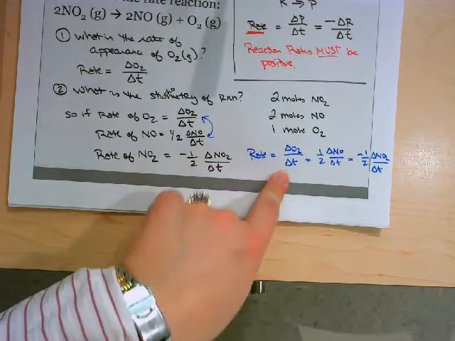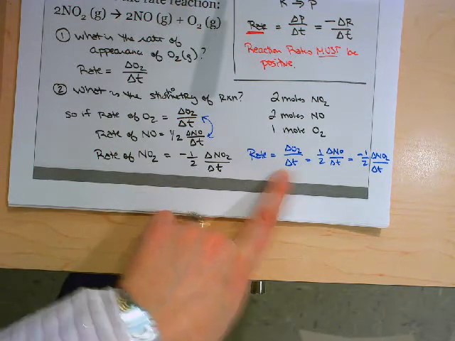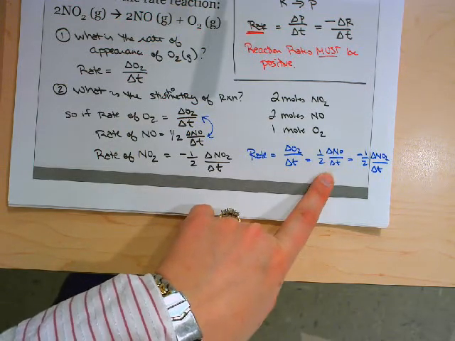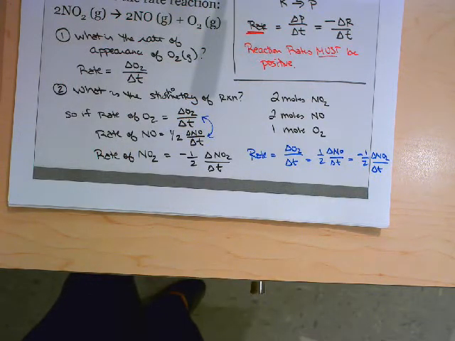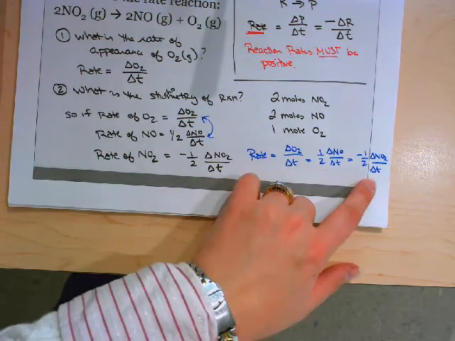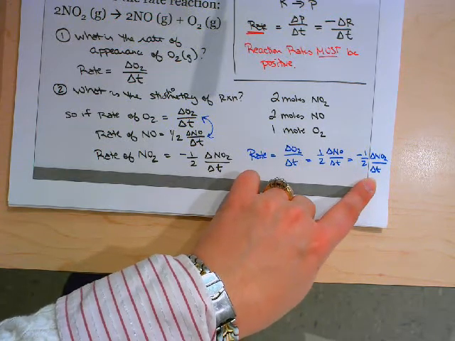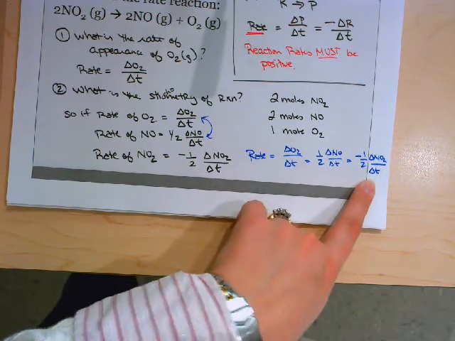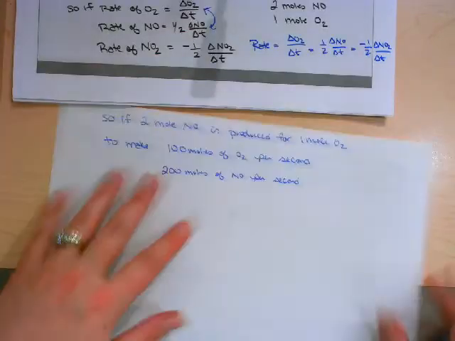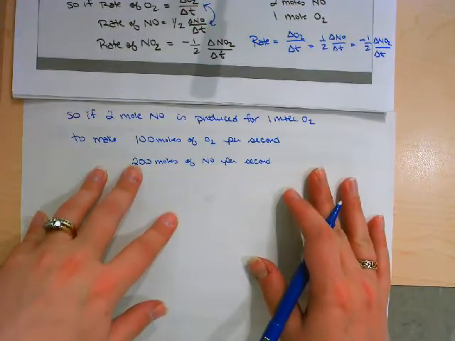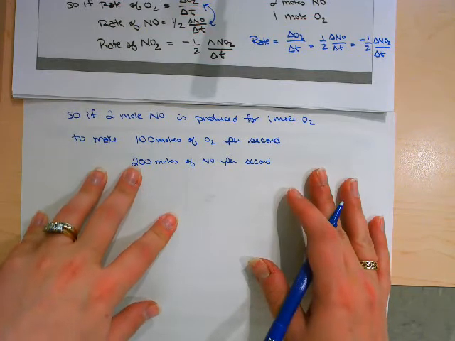So if the oxygen is being made, in order for it to be equal, I have to slow down the nitrogen monoxide by half to get the same 100 per second. And this one also has to be slowed down, with the opposite sign. Yeah?